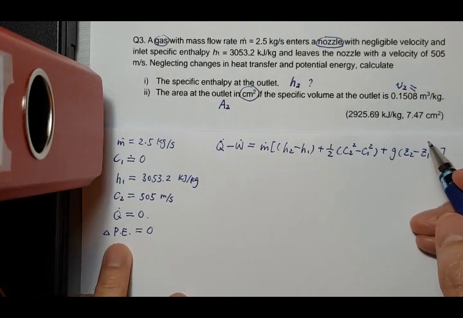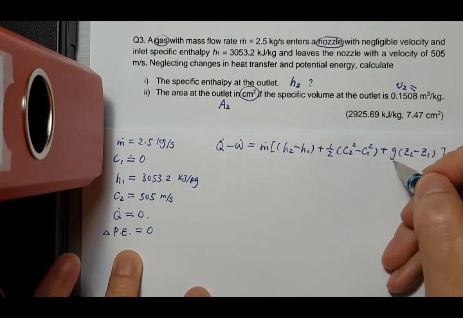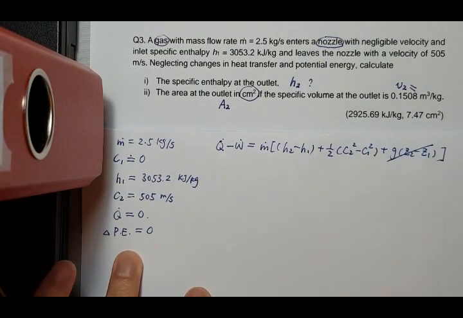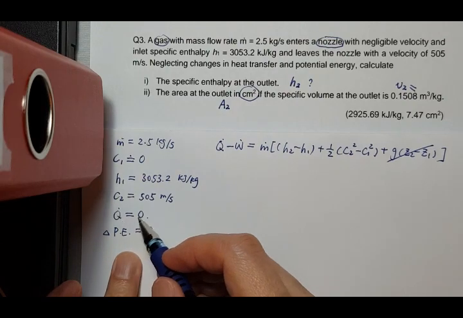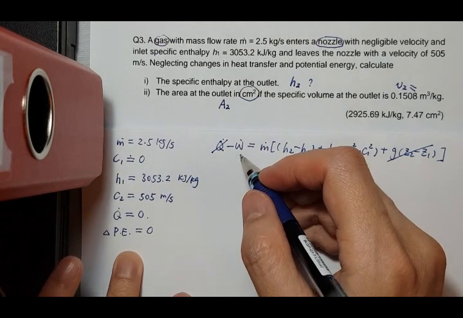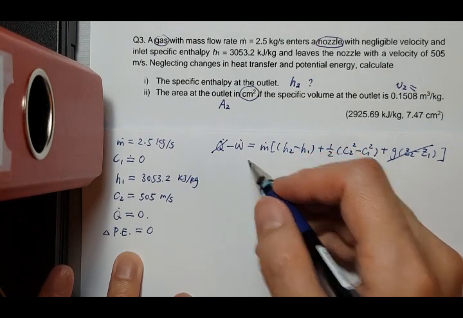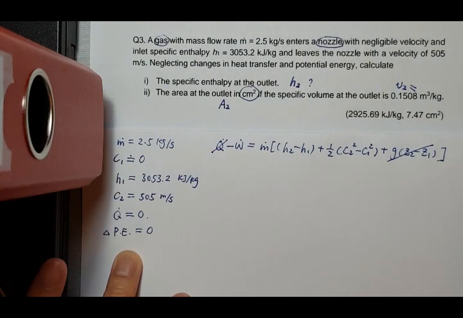And now we know the change in the potential energy here is 0, so just cross that out. Okay, and the heat transfer is 0. We cross that out. And think about the work transfer, right? Actually, in all the 6 devices we have learned from the lecture, only the turbine and the compressor have shaft work.